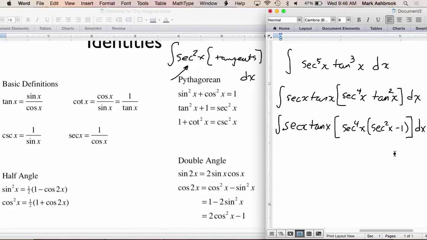See what happened? You have to know your identities, you have to be good at algebra, and you also have to use some ingenuity. There's problem-solving aspects to these, okay?